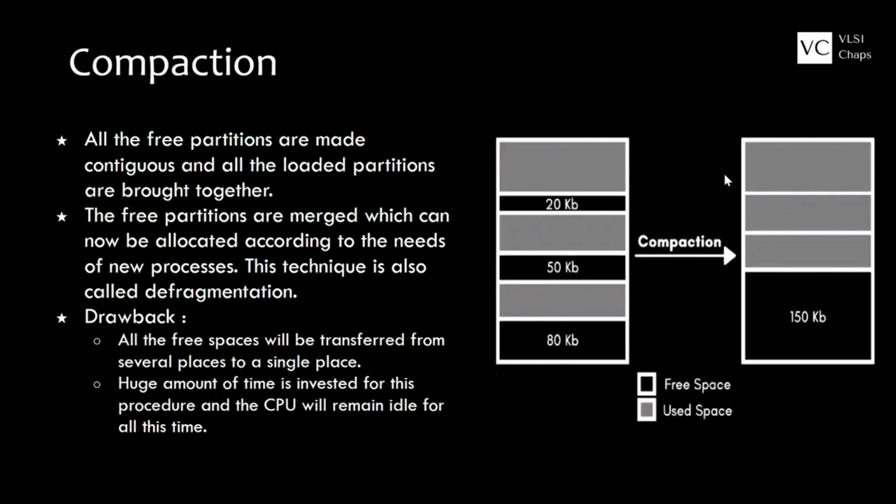So here we can reduce the drawbacks of external fragmentation, because the free partitions are merged and can now be allocated according to the needs of new processes, and this technique is also called defragmentation. What we are doing in compaction is making the various free blocks contiguous, so that a larger number of processes will be able to load.